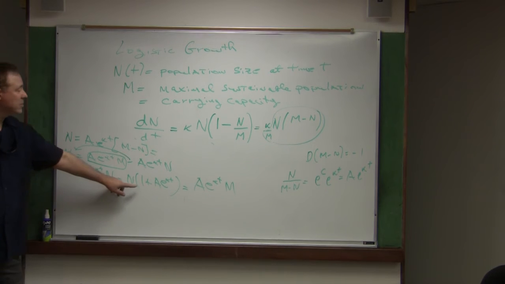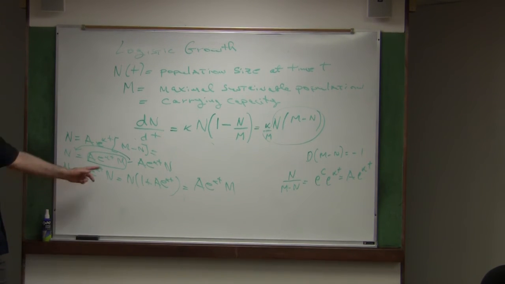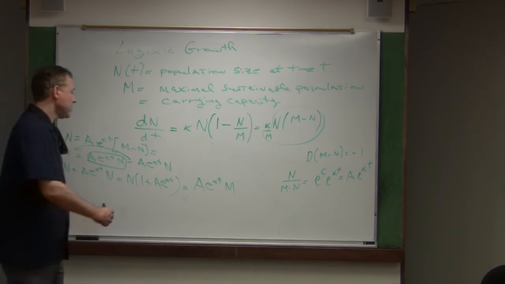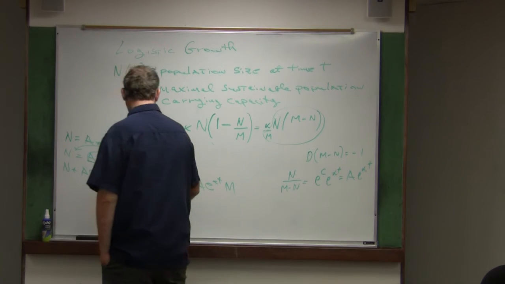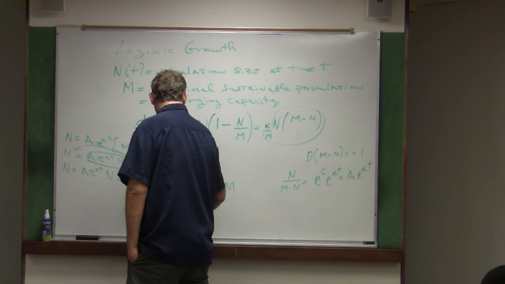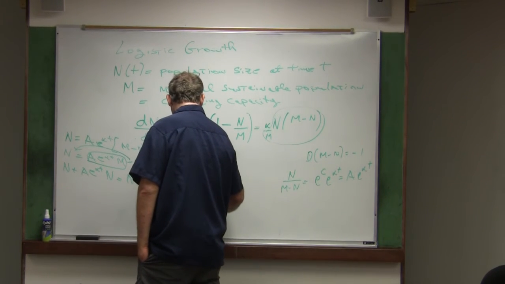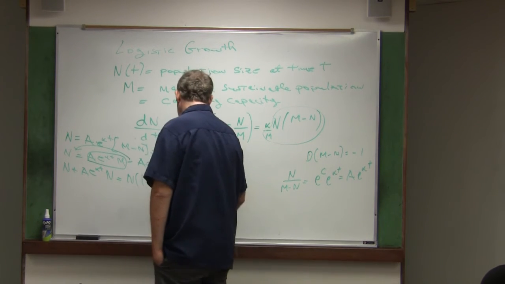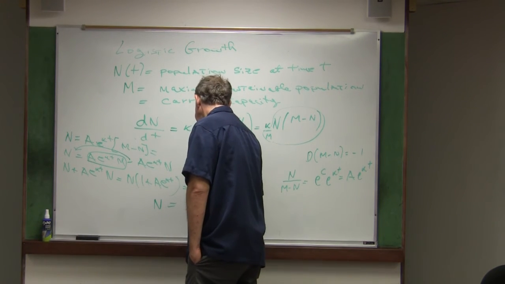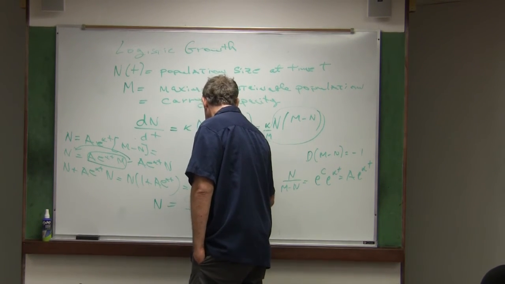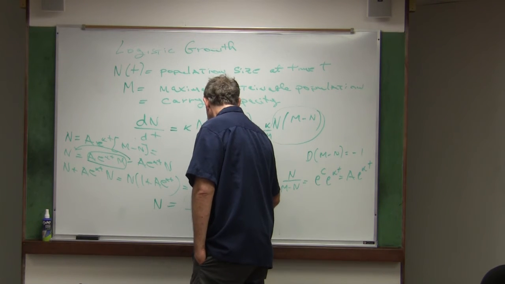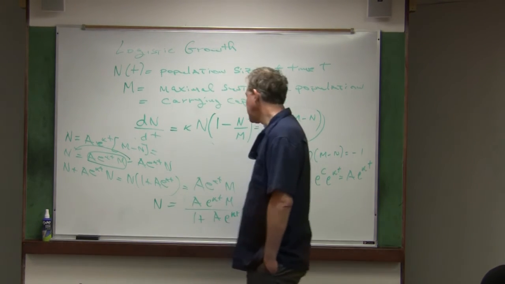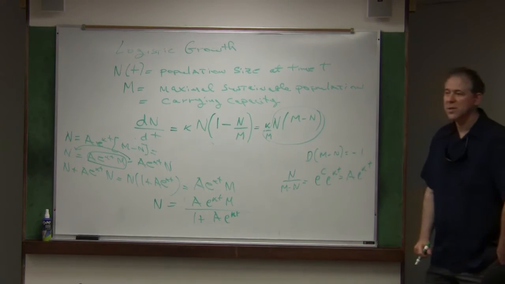All right, and then all I do is just factor it. And now all I have to do is divide by this. So I'm going to get n is a e to the kt m divided by 1 plus a e to the kt. Okay? And there's a solution.